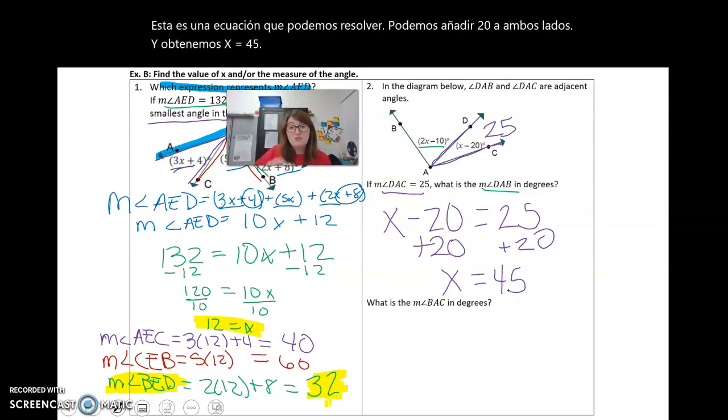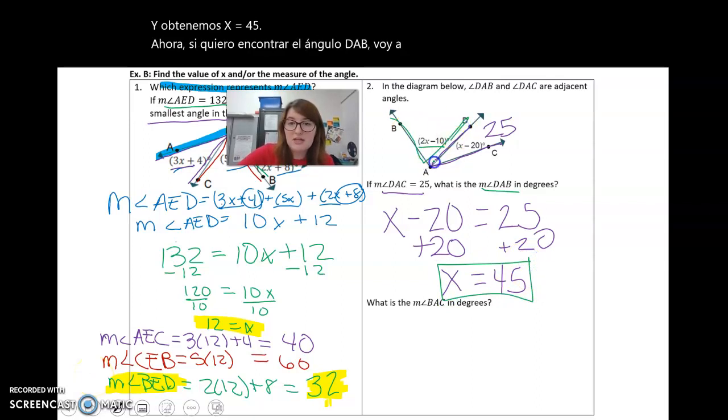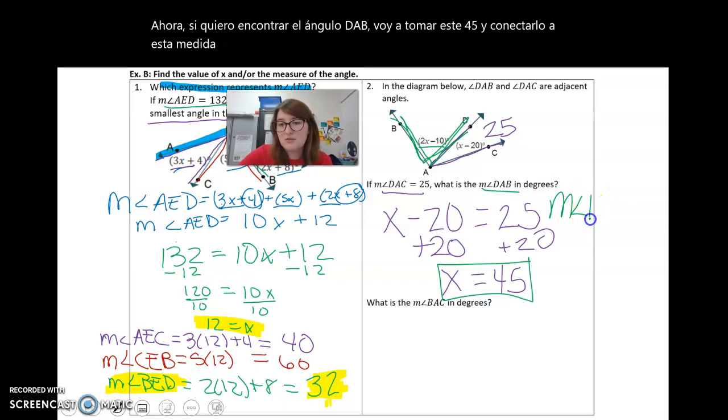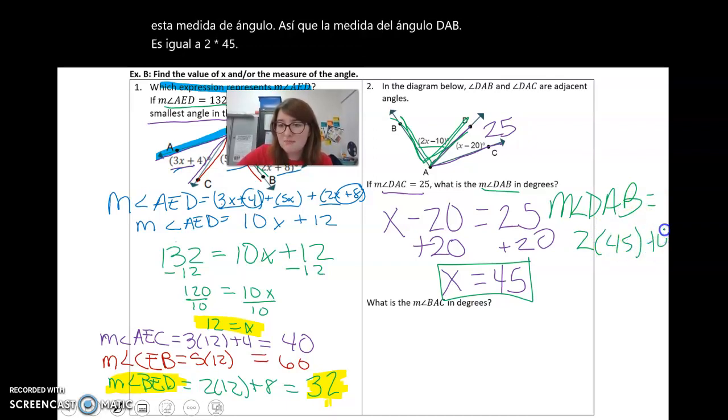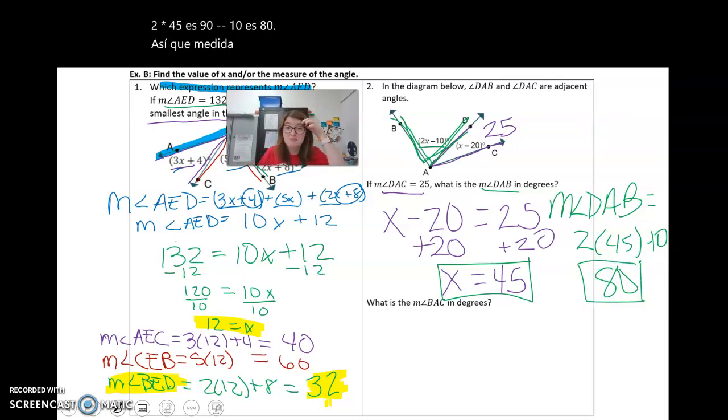Now, if I want to find angle DAB, I'm going to take this 45 and plug it into this angle measure. So the measure of angle DAB equals 2 times 45 minus 10. 2 times 45 is 90, minus 10 is 80. So the measure of angle DAB is 80.